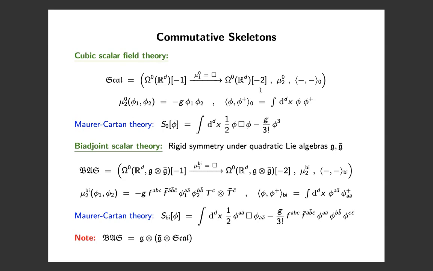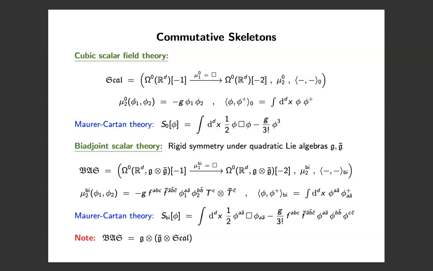Well, there's a differential on a graded vector space. In the case of this theory, the cochain complex has two graded components in degree 1 and degree 2, which are just copies of the functions or scalar fields on R^D. It's got a non-trivial bracket and a pairing, which looks like this.